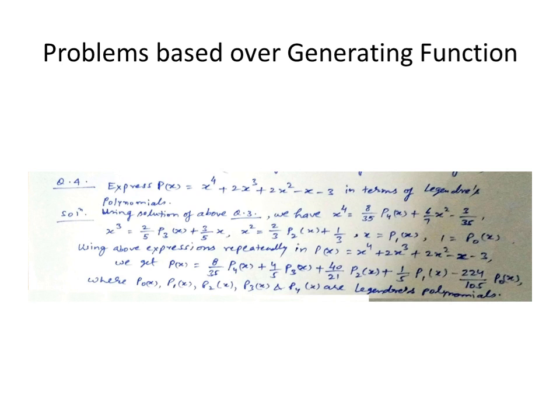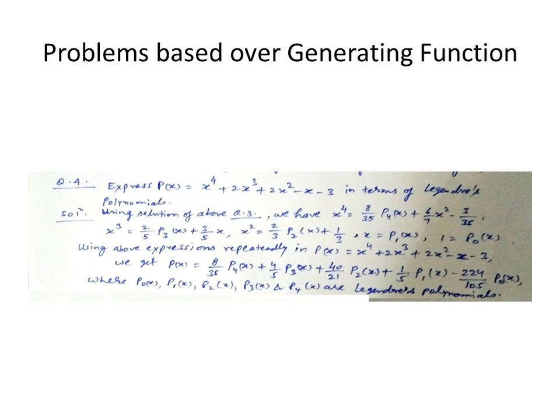And using all these expressions repeatedly in p(x) equals x power 4 plus 2x cube plus 2x square minus x minus 3, I am using the term repeatedly. It means, first of all, you have to substitute the value of x power 4 in the right hand side of p(x). Then it is expressible as 8 by 35 P4(x) plus 6 by 7 x square minus 3 by 35.